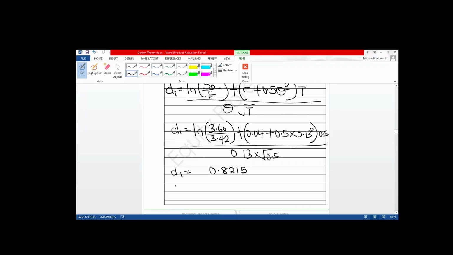Your D2. The formula for D2 is equal to D1 minus the volatility times the square root of T. Please wait now, it's you that will compute your own. Reapply your calculator and tell us your answer.